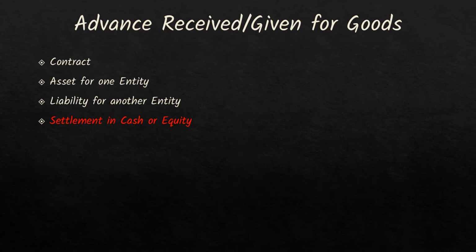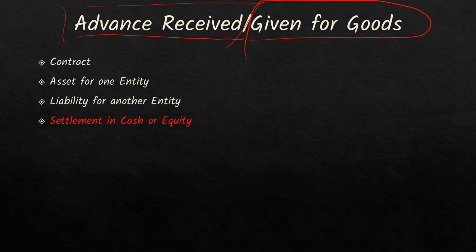Let's see some more examples. What we just covered is trade receivables and trade payables. What if you have an advance received where you need to deliver the goods, or you have given an advance to purchase the goods? Apparently, it might look like if trade receivable is a financial instrument, then advance received or advance paid will be a financial instrument.